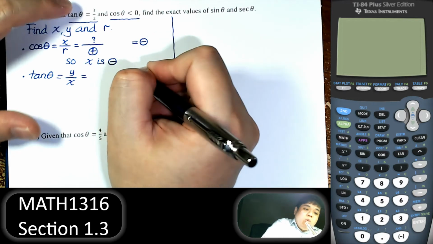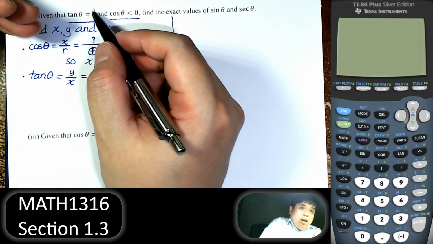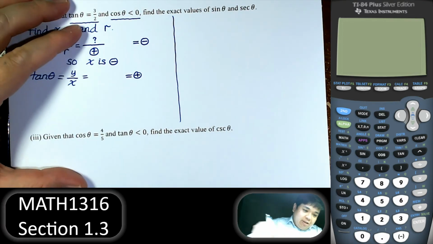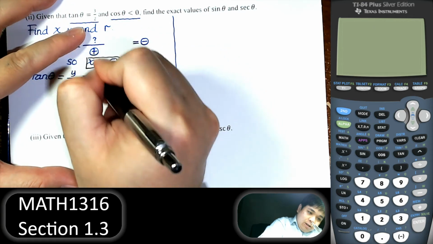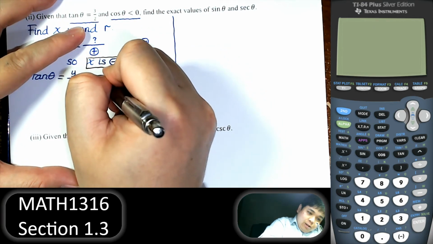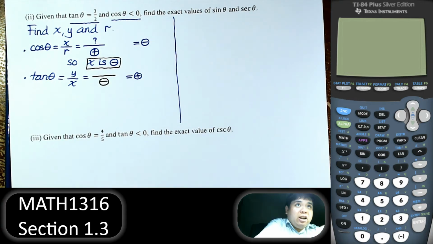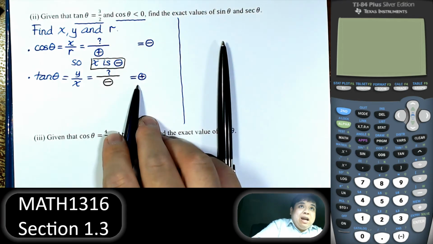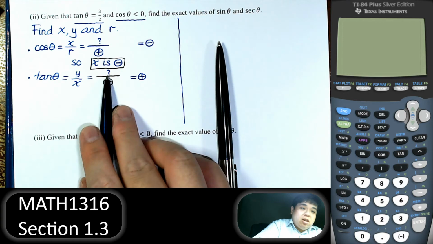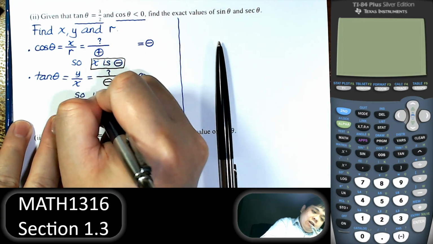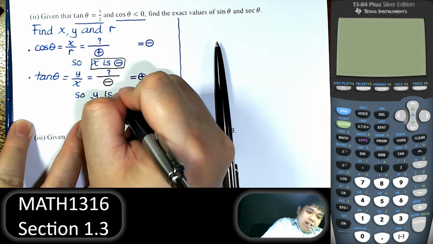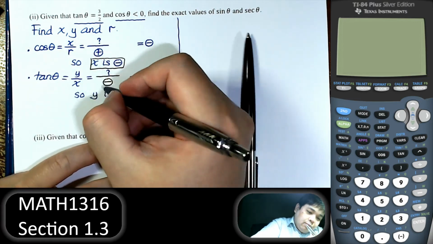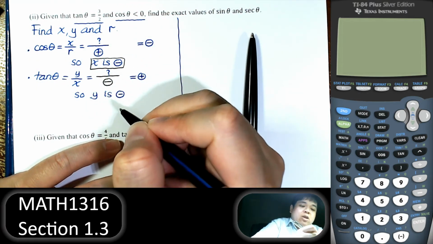We worry about the values later; now focus on the sign only. Now we know that x is negative. If x is negative, what is the sign of y? They must have the same sign, so y is negative as well.